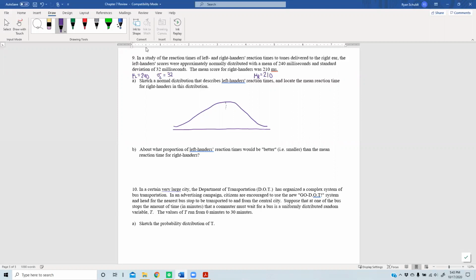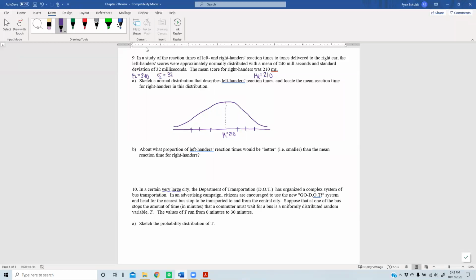I'm going to say right here is my mean for left-handers. Then we go one standard deviation out, 2 out, and then 3 out.